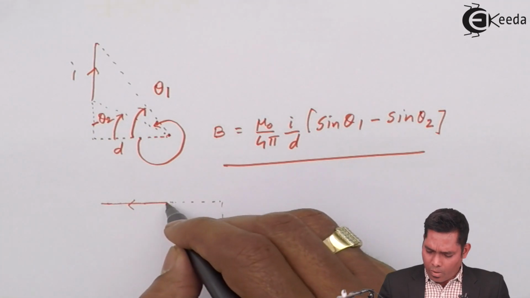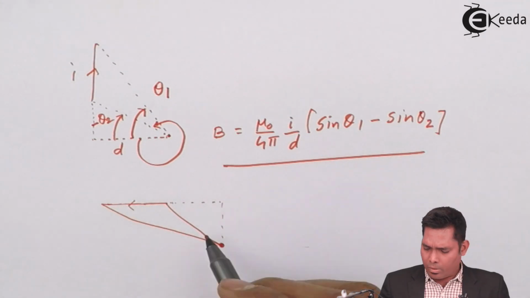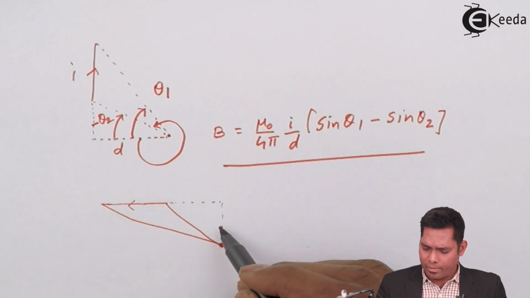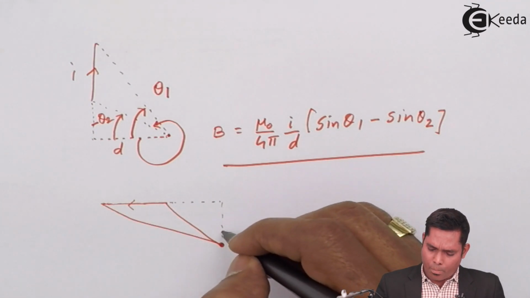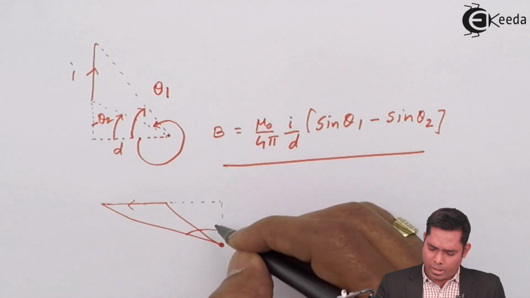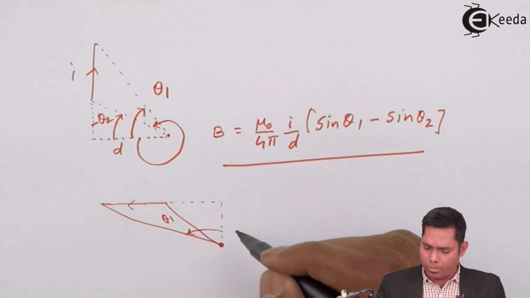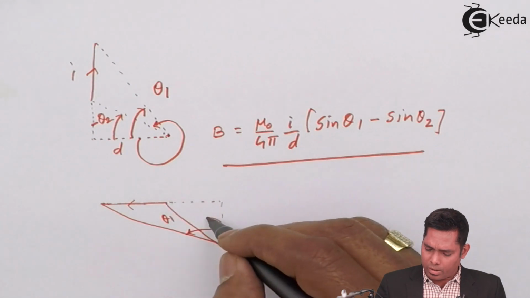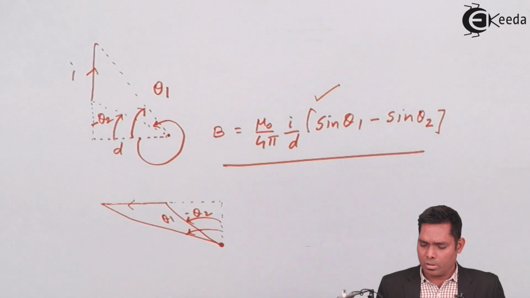This top part, this angle from here to the top part, is theta 1, no problem with that. But this part is theta 2, which is negative. So therefore we'll use this equation.